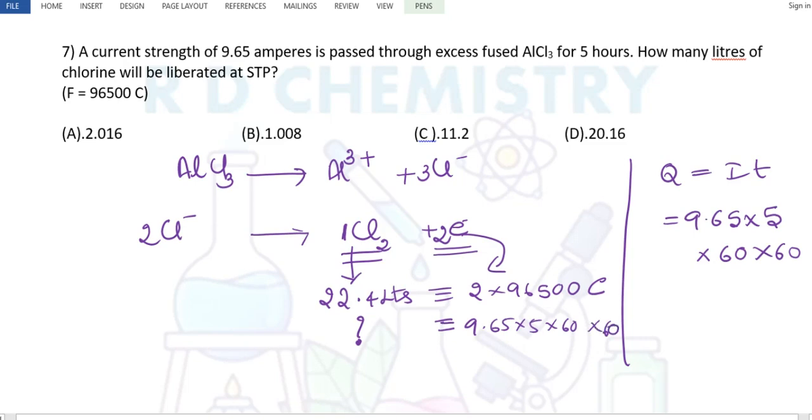Finally we get the answer, equivalent to 20.16 liters. So what is the option number? Option number is D, right? D is the answer here. Clear?